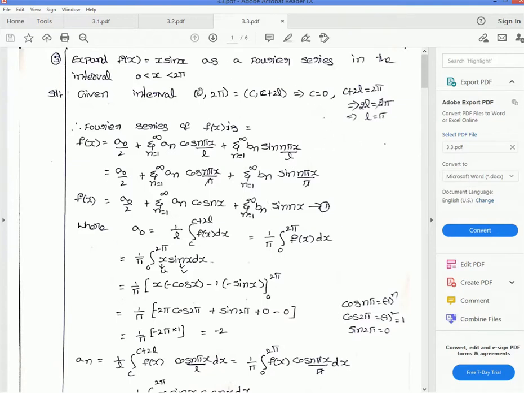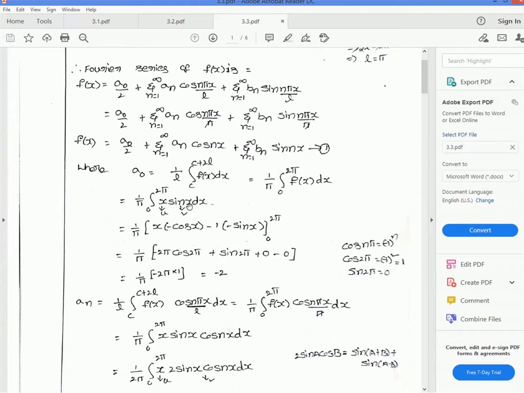Okay, comparing these intervals, first you have to find the a0 value. a0 = 1/L ∫ from c to c+2L of f(x) dx. But what is the c value? c is 0, L is π. So we get 1/π ∫ from 0 to 2π of f(x) dx. What is f(x)? x sin x.